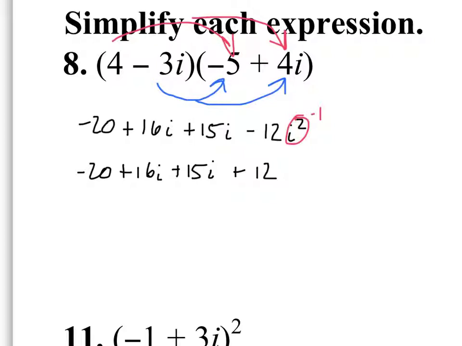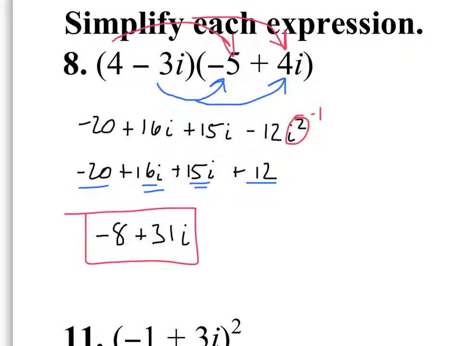And now we combine like terms like we did yesterday. Combine the real parts and combine the imaginary parts. So what's negative 20 plus 12? Negative 8. And 16i plus 15i. Questions? Yeah, that's it. That's all we're doing.